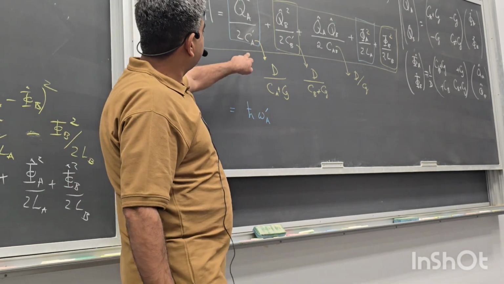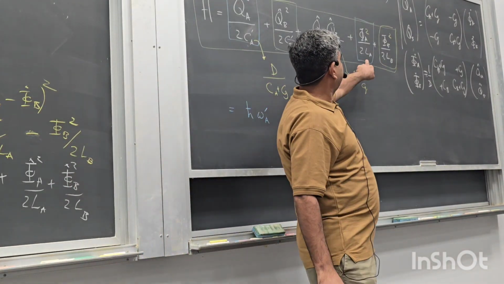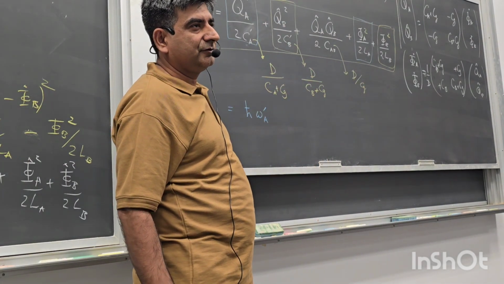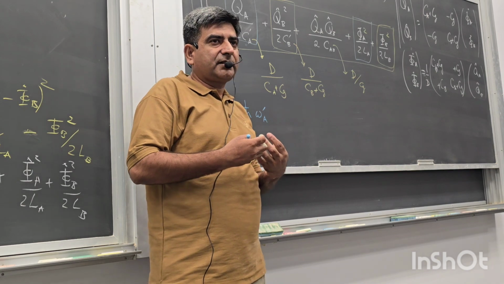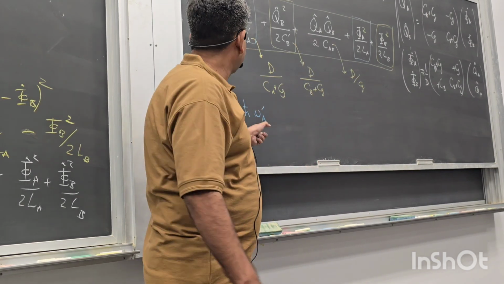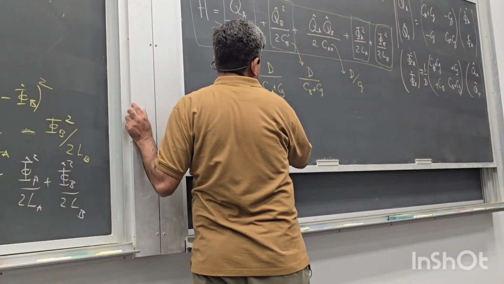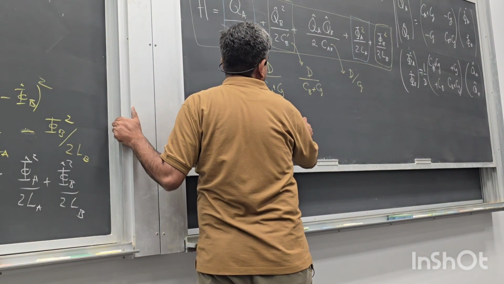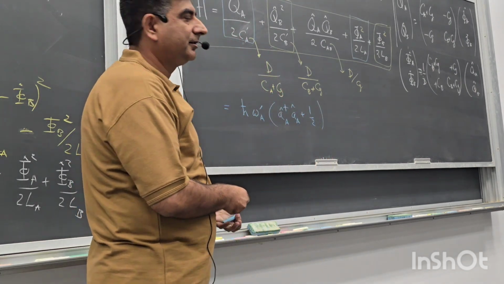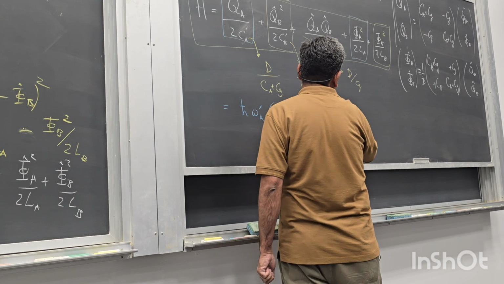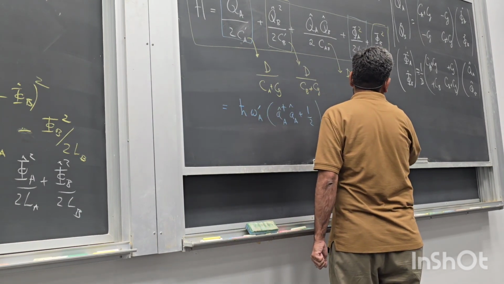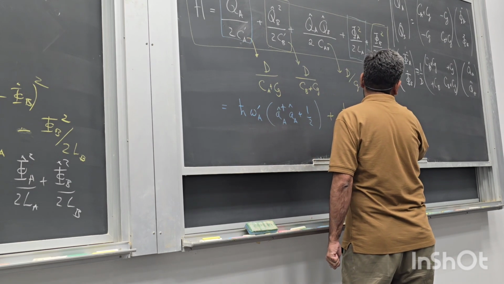It depends upon CA prime and LA, and CA prime is given by this modified expression. So when two oscillators are coupled, the normal frequencies change. So I have h bar omega A prime, a dagger a plus half. This is one oscillator. And for the second oscillator, I have h bar omega B prime, b dagger b plus half.